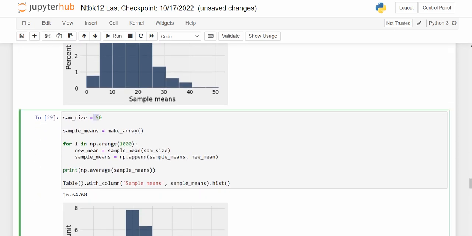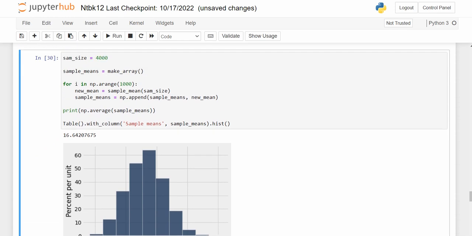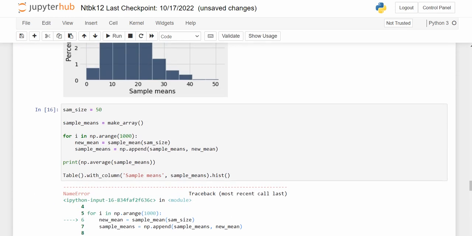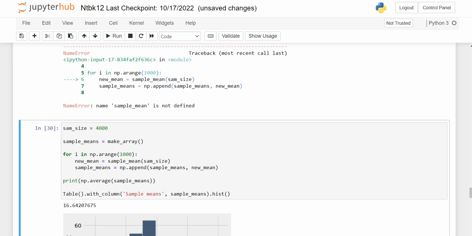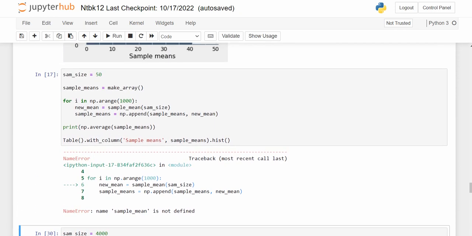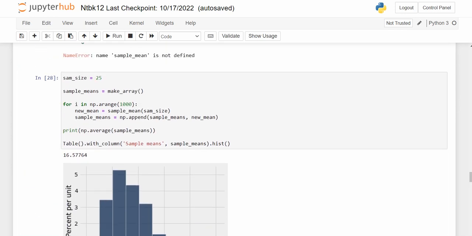And then with a sample size of 50, you'll notice that we do in fact get a better, sorry, what did I, sample mean is not defined. So I don't know what I did here.